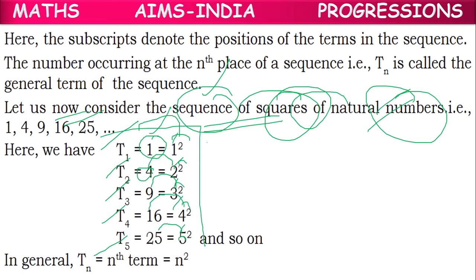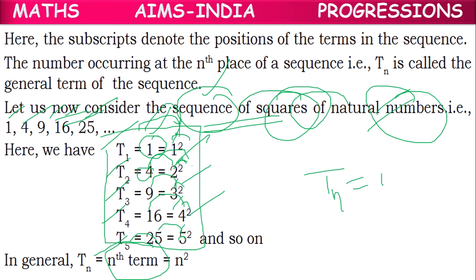Based on this, we can write the sequence as 1, 4, 9, 16, 25. For the first term, we are writing 1 square, second term 2 square, third term 3 square, fourth term 4 square, like that. If we have the nth term in this particular sequence, that nth term will be n square. So the general term of the sequence Tn is defined such that Tn equals n square.